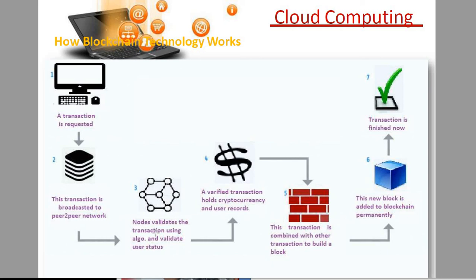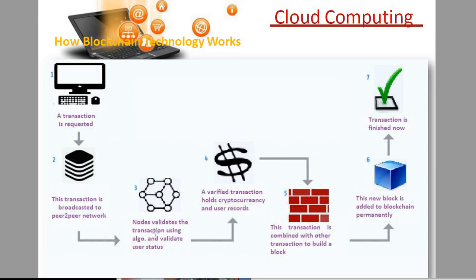Nodes validate the transaction using an algorithm and validate the user's status. Is the user doing the transaction a valid user, or, say, somehow your credit card got stolen at an ATM and some other person is doing a transaction with it? So first they broadcast this to the network, then they provide it to the node where verification of the user is done.